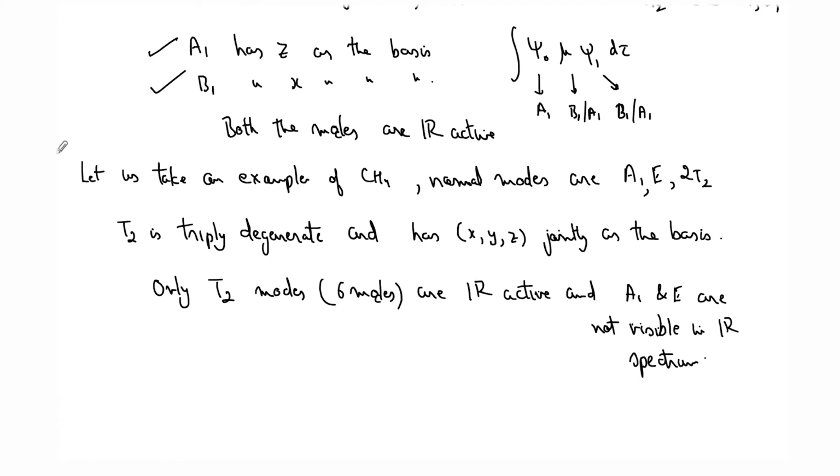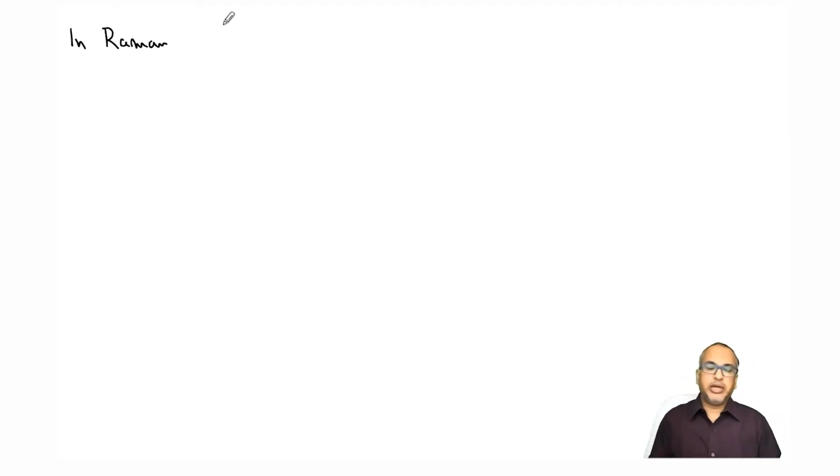Now let us, along the same lines, continue this discussion for Raman spectroscopy. In Raman spectroscopy, the only difference is that instead of the dipole moment, you now have polarizability.